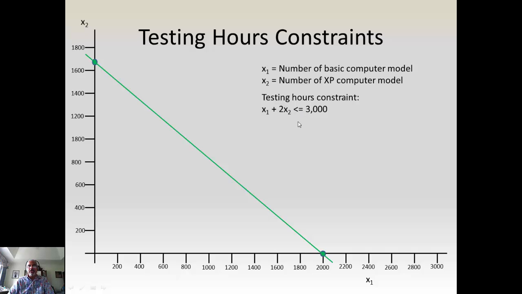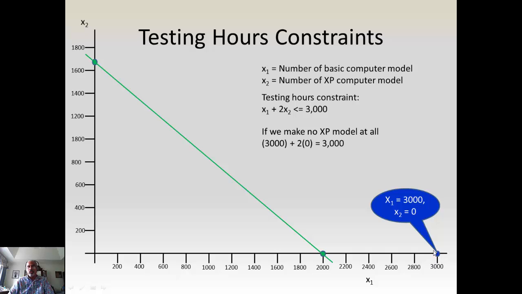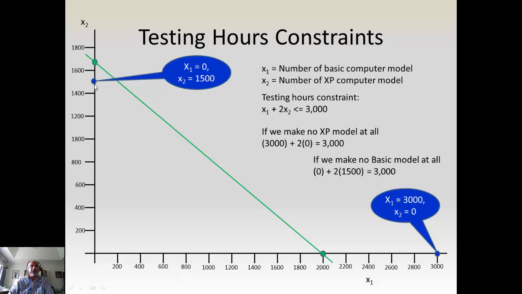If we don't produce any XP at all, x sub 2 is 0 and x sub 1 is 3000. So that's 1 point. Then set x sub 1 to 0, then x sub 2 will be 1500. So that's that point.